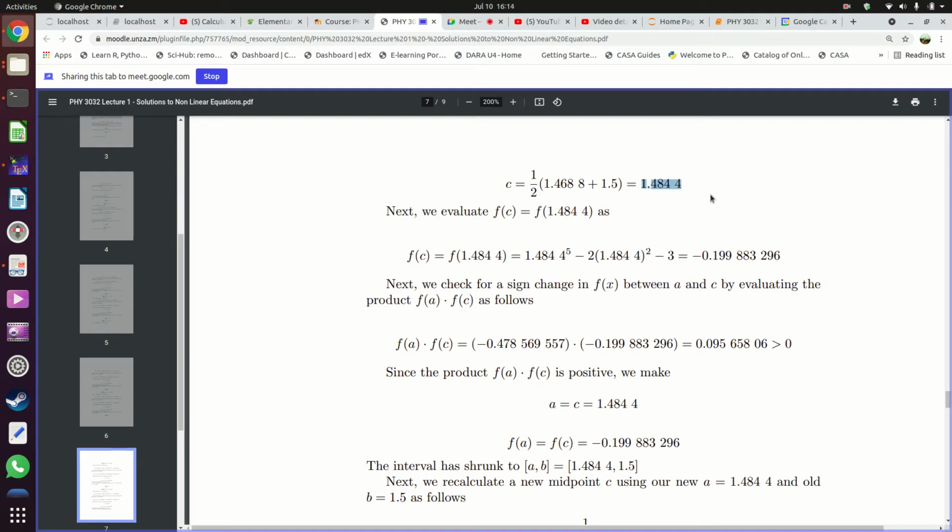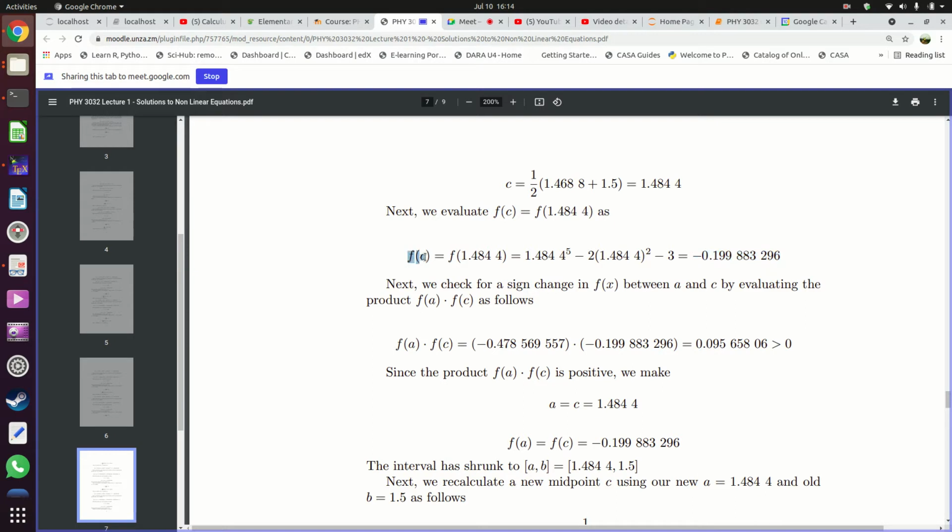Next, after you find your guess value, you work out the value of the function at the midpoint, which is what you have here, minus 0.19883296. This is negative.